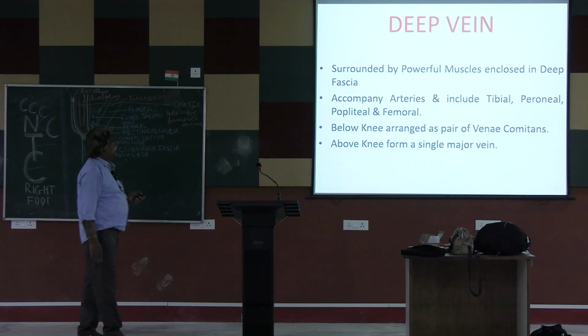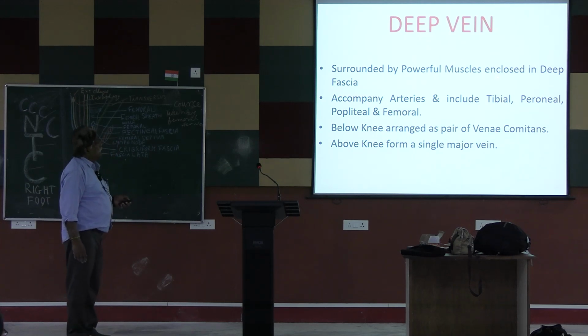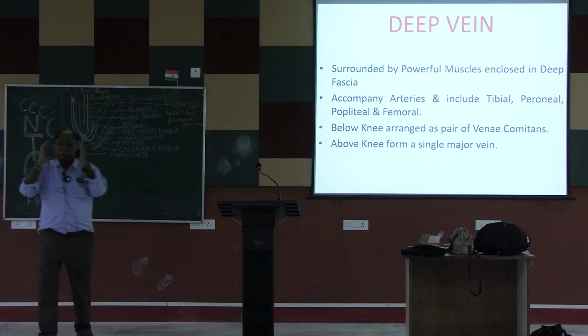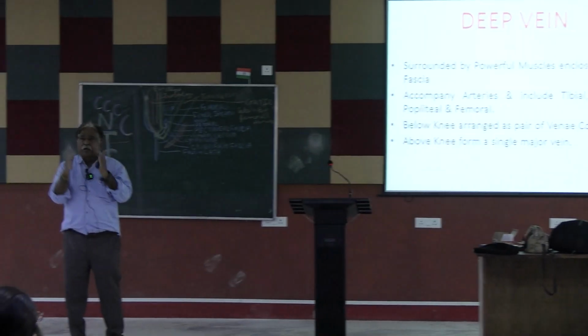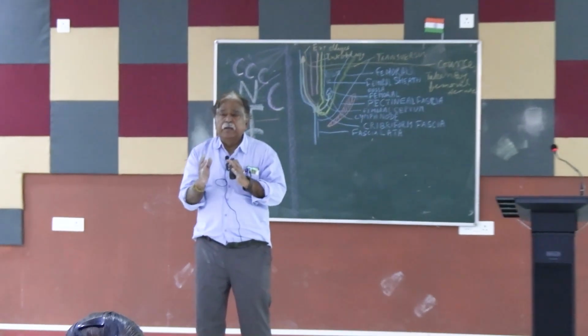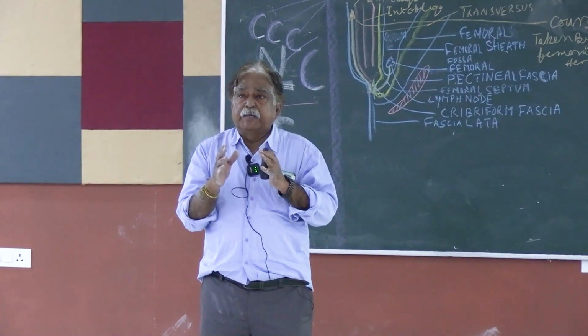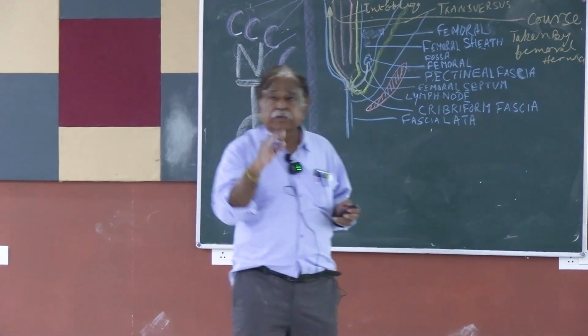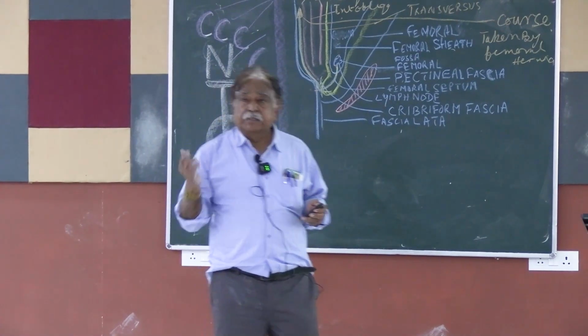Now, deep vein surrounded by powerful muscles enclosed in deep fascia, accompanying arteries and including tibial, peroneal, popliteal, femoral. You just try to figure out the components, because many questions can come in this. What are the perforators?